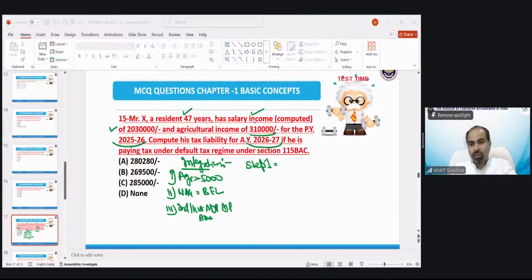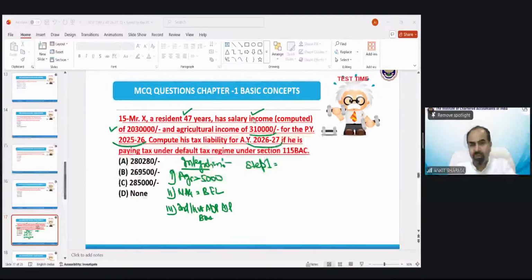Yes, correct. 23 lakh 40,000. We have to calculate tax on 23 lakh 40,000 in step number 1, assuming that it is a normal income. Correct, Sarah Kasim is saying 23 lakh 40,000.